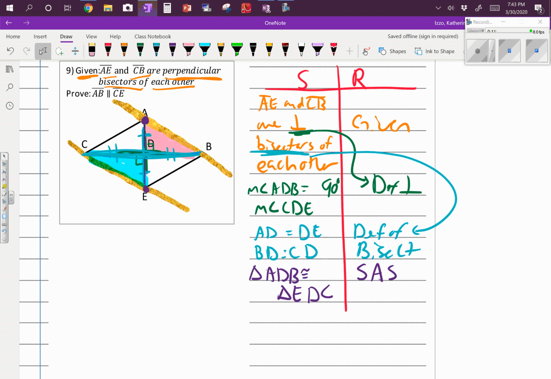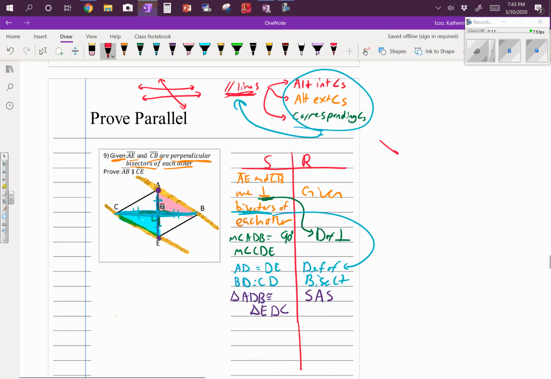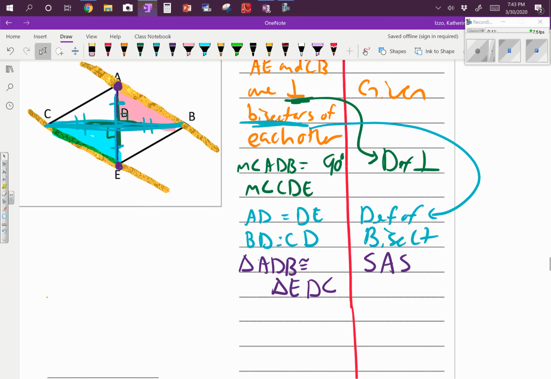That's very exciting. Now what I need to do is, the whole goal of this was to prove that two angles were congruent. Once I've got my angles, I can backtrack to parallel lines. So I've got two beautiful triangles congruent.